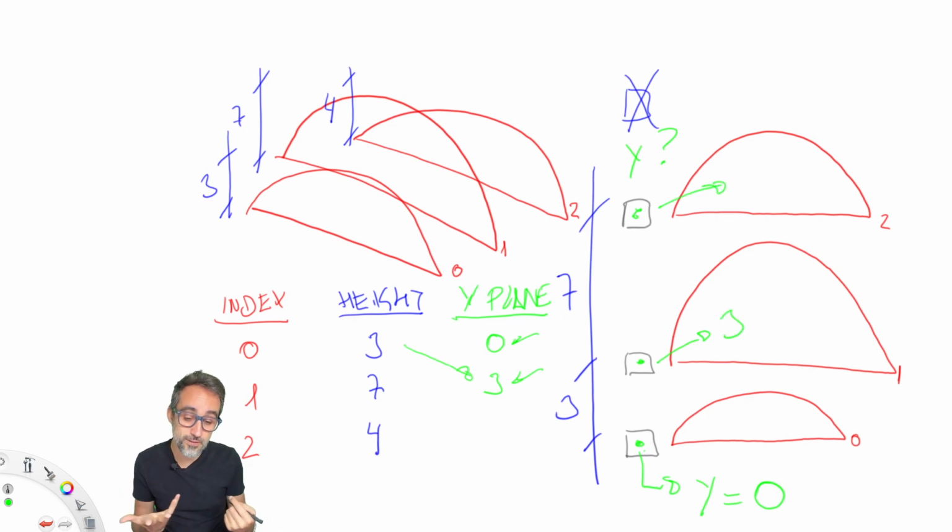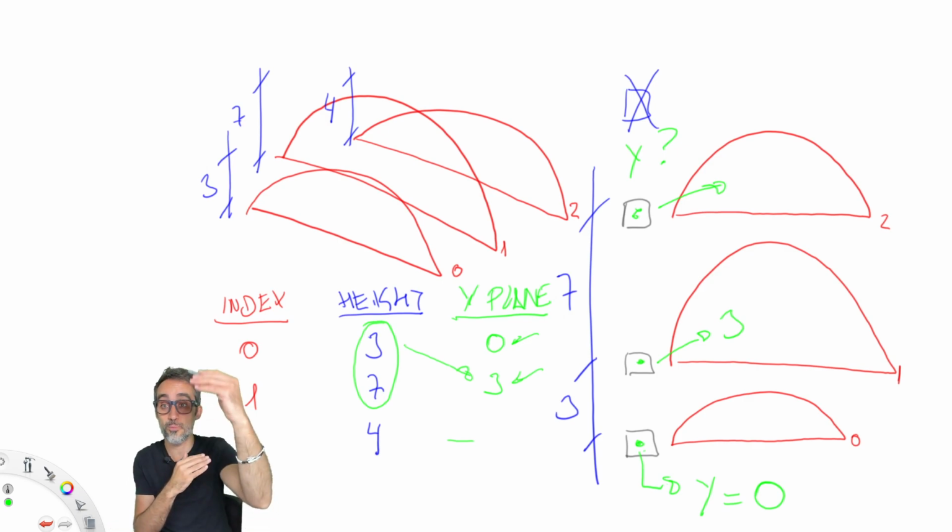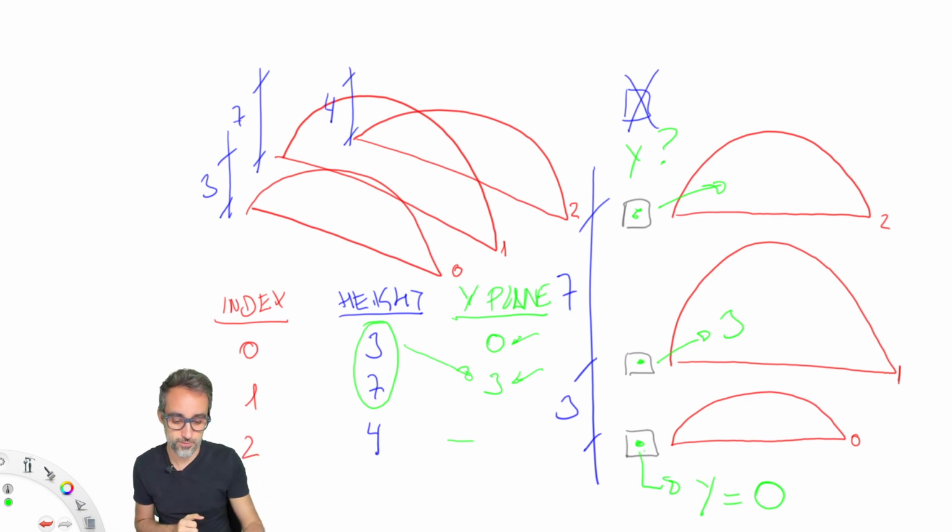The coordinate of that one here is going to be the addition of the heights of all the previous ones. So 3 plus 7 is going to be 10. And therefore, the y-coordinate of this one is going to be 10.